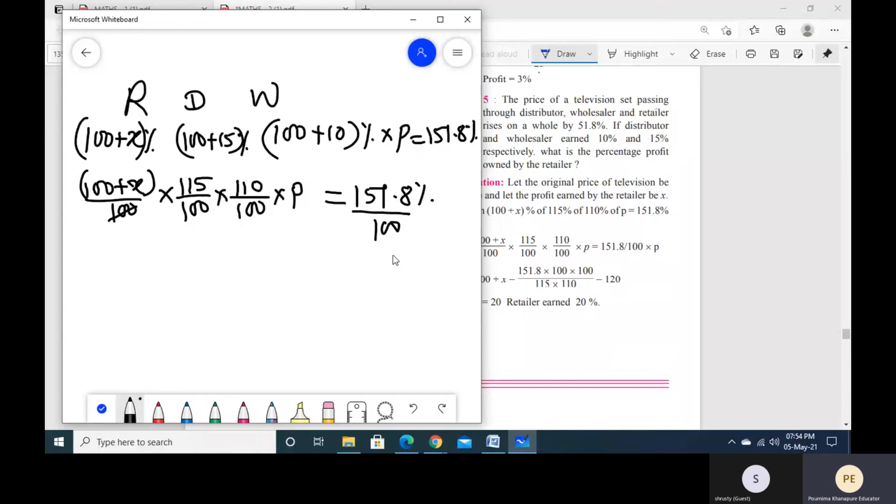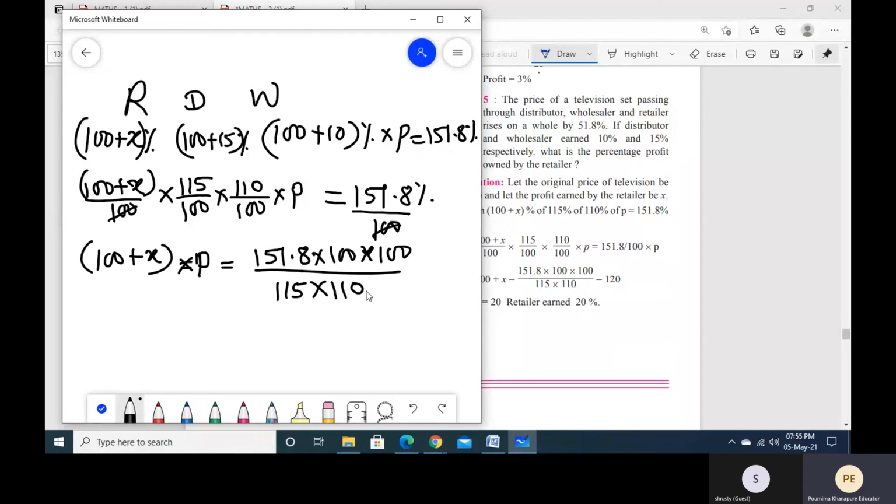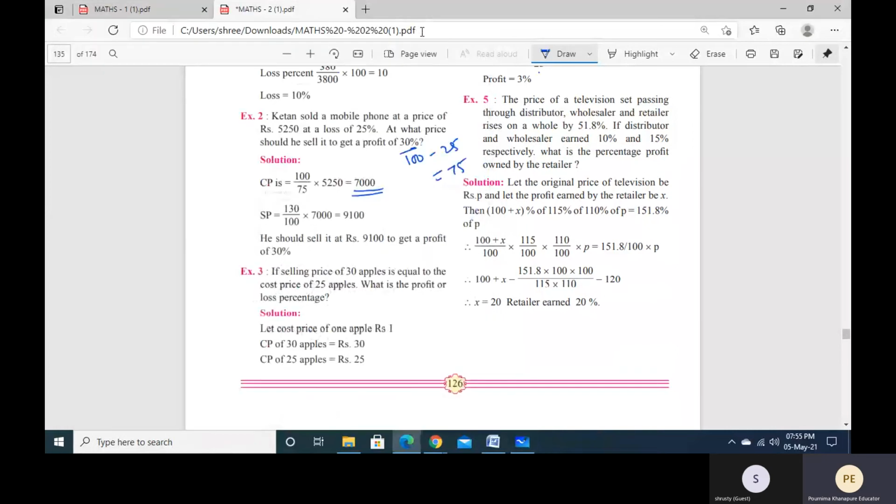Not all, only one will get cancelled. 200 will remain there. So multiply it. So 100 plus X into P we can write, which is equal to 151.8 into 100 into 100, the whole divided by 115 into 110. That is what they have done here.